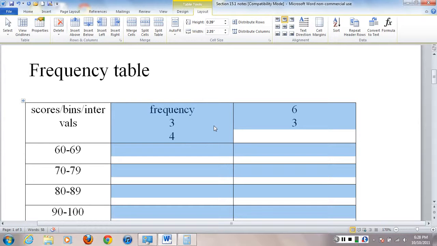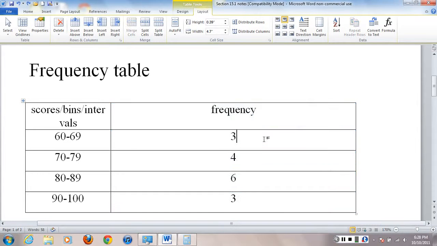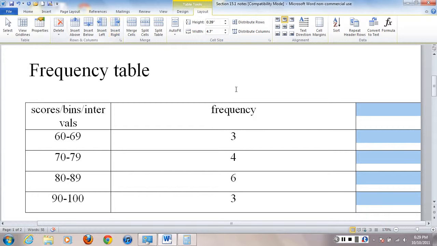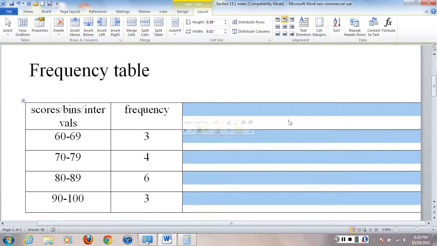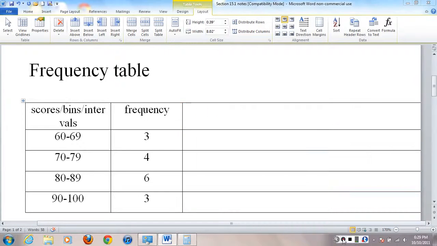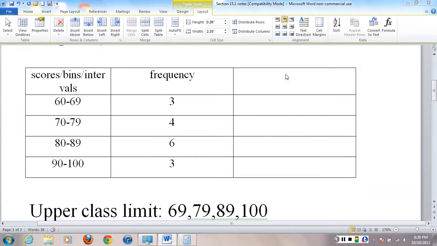Not too well. Okay, I had to do that while I paused it because Word is not cooperating with me right now.